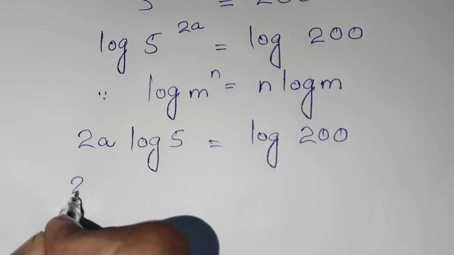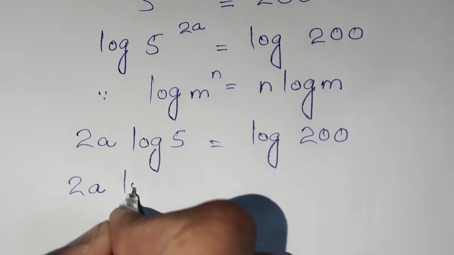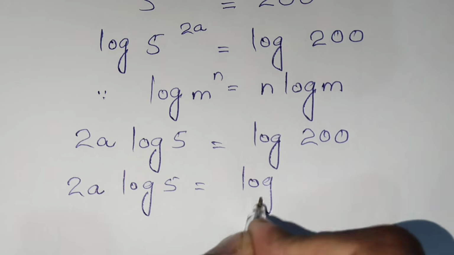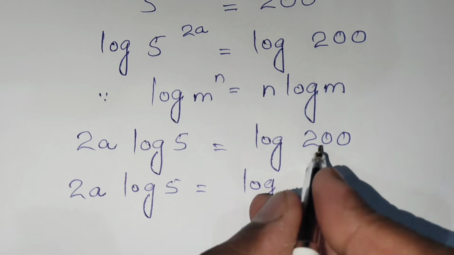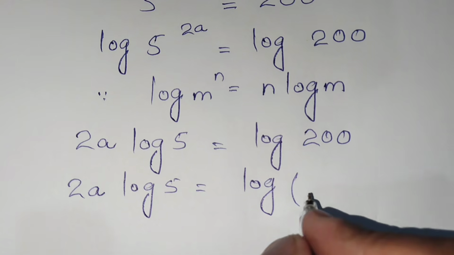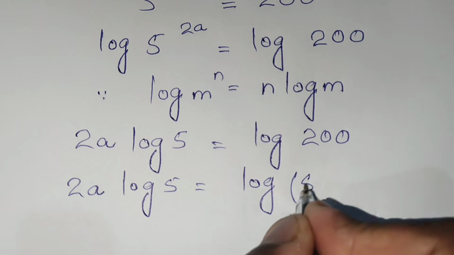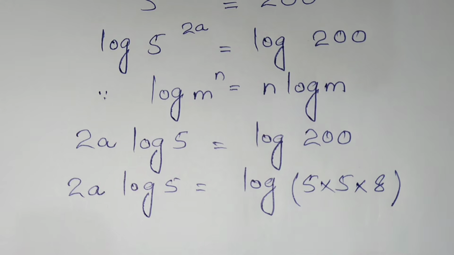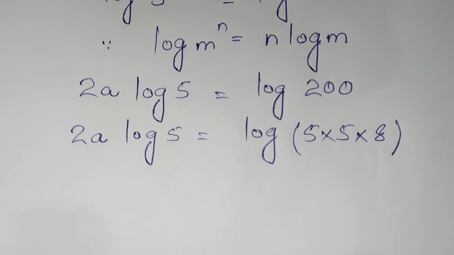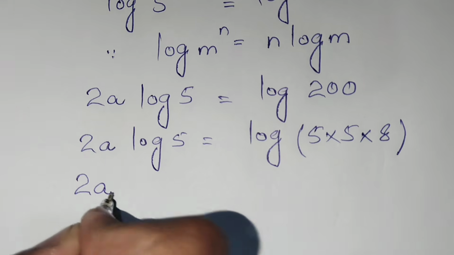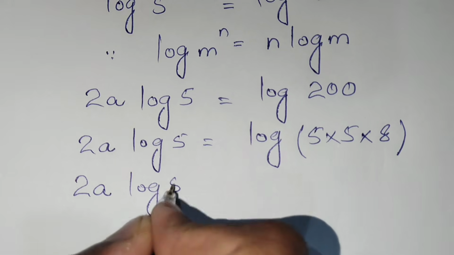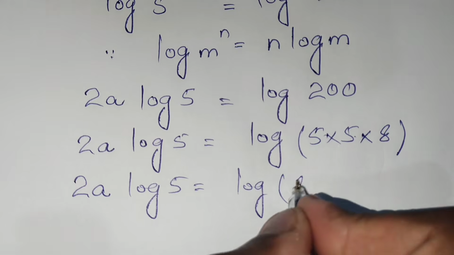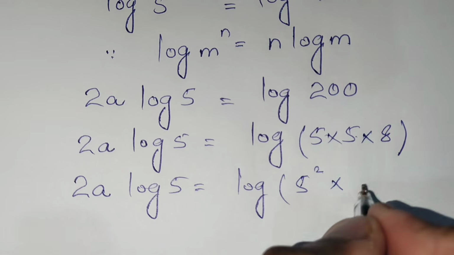We can also write this as 2a multiply log of 5 is equal to log of 200, and 200 can be written as 5 into 5 into 8. So 2a log of 5 is equal to log of 5 square multiply 8.